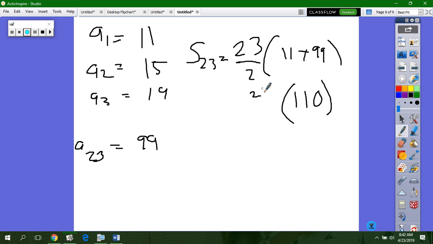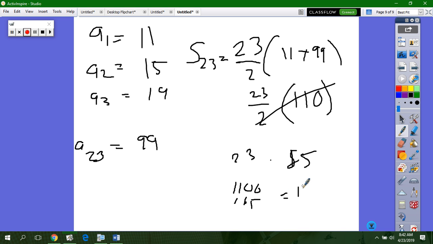Times that by 23 divided by 2. Or that is 55 times 23, because I just divided by 2. Which is 1100 plus 165. Did you guys get 1,265 when you times those two numbers together?